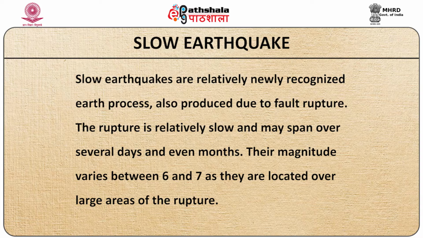Their magnitude varies between 6 and 7 as they are located over large areas of the rupture. The amount of slip is generally very small, up to a few centimeters. The continuous geodetic surveys and measurement with global positioning satellites has aided in the identification and recognition of these earthquakes.